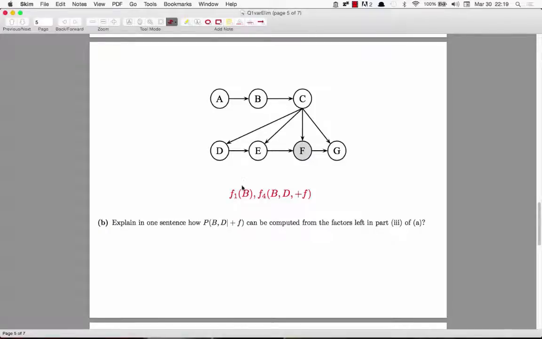So given all the variables that you have eliminated, we are left with these two factors, and the query is probability of b comma d given f. And let's see how we get that.